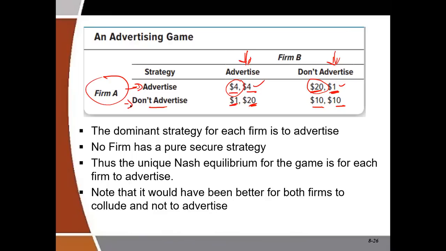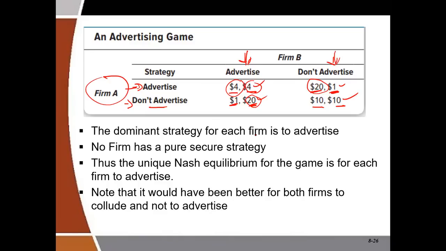Then if we hold firm A at don't advertise, firm B is better off still advertising because 20 million is better than 10 million, all right? 20 is better than 10 and 4 is better than 1. So it means that the dominant strategy for firm B also is to advertise.